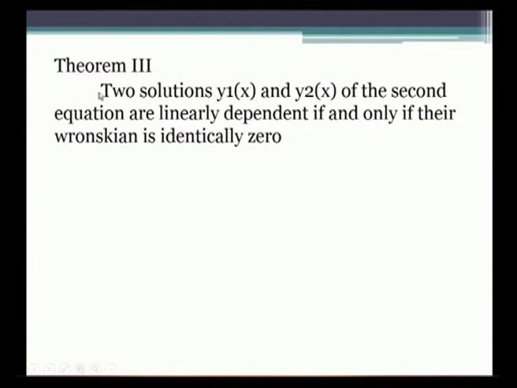Now, Theorem 3 about solutions. Two solutions y1 of x and y2 of x of the second order equation are linearly dependent if and only if their Wronskian is identically 0. That is, y1 of x into y2 prime of x minus y1 prime of x into y2 of x is equal to 0.